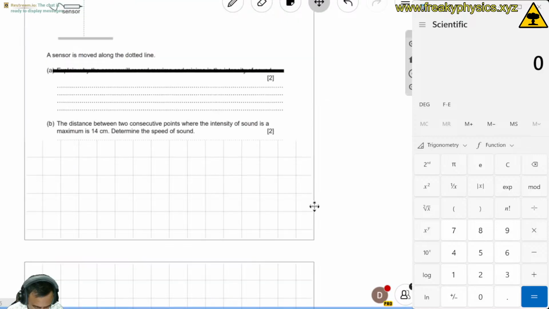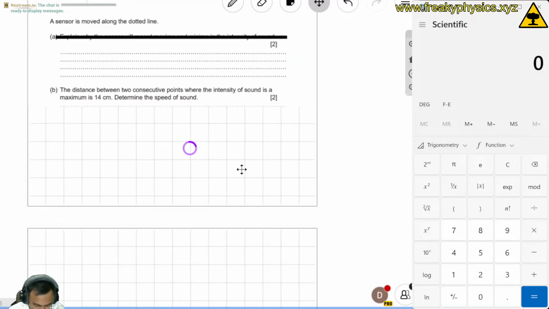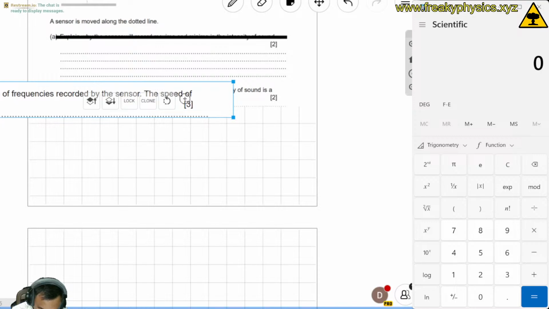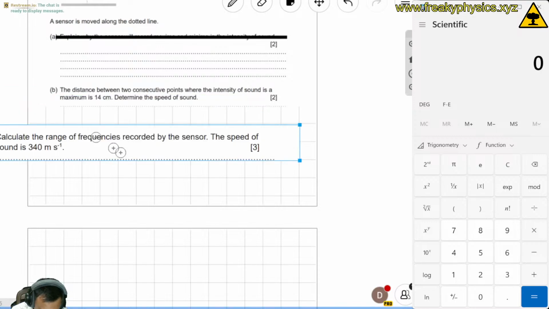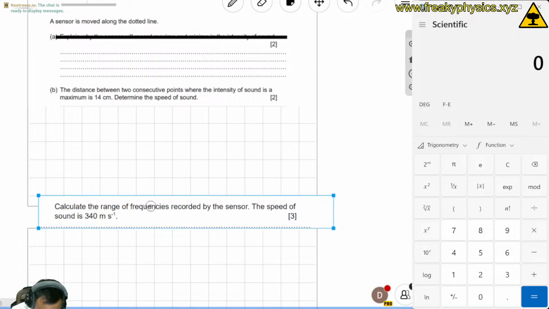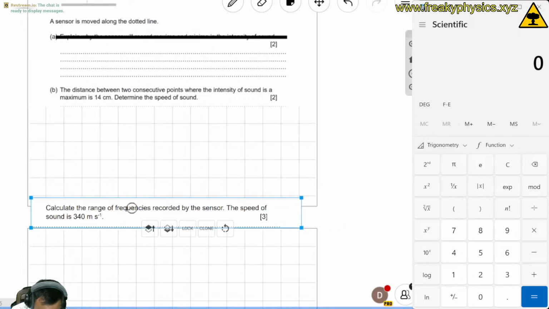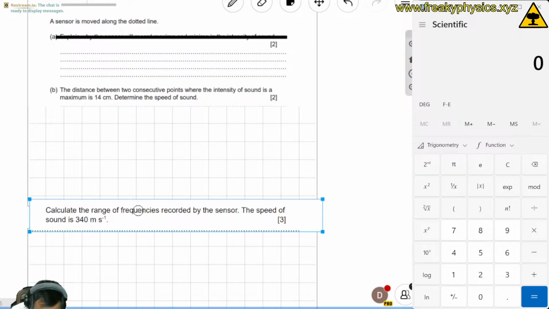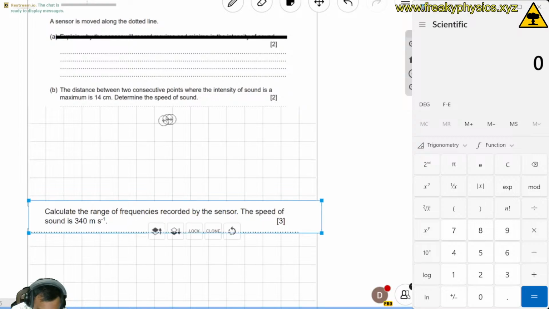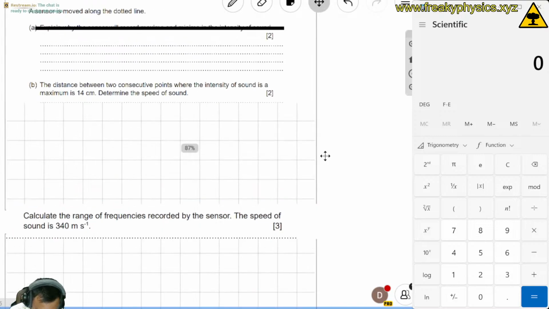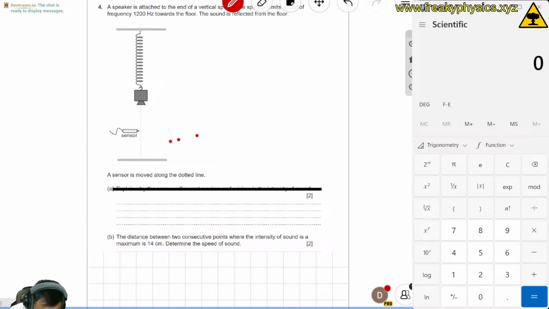So the distance between 2 consecutive points where the intensity of sound is a maximum is 14 centimeters. So you have to determine the speed of the sound. You're supposed to get an answer that's close to 340 based on that clue from the second part, right? So let's take a look at the problem again. What's happening here? The sensor is here.